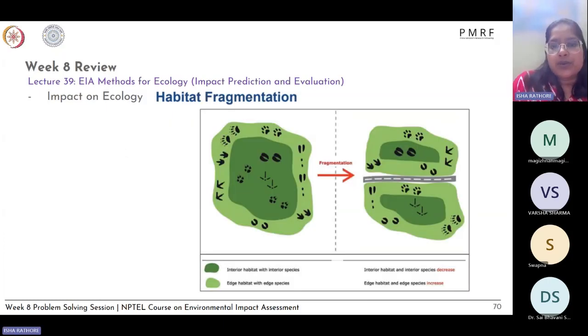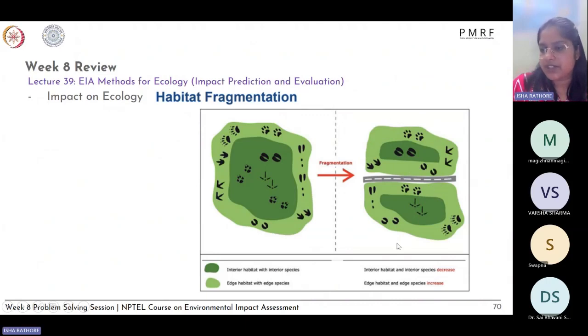Then this is what we talked about, habitat fragmentation. So when we have a habitat, and for example, we have city A here and city B this side, for connecting the two cities we will go with the path of least distance. So when we connect city A to city B, we basically fragment the habitat into two parts, and we restrict the movement of these species.